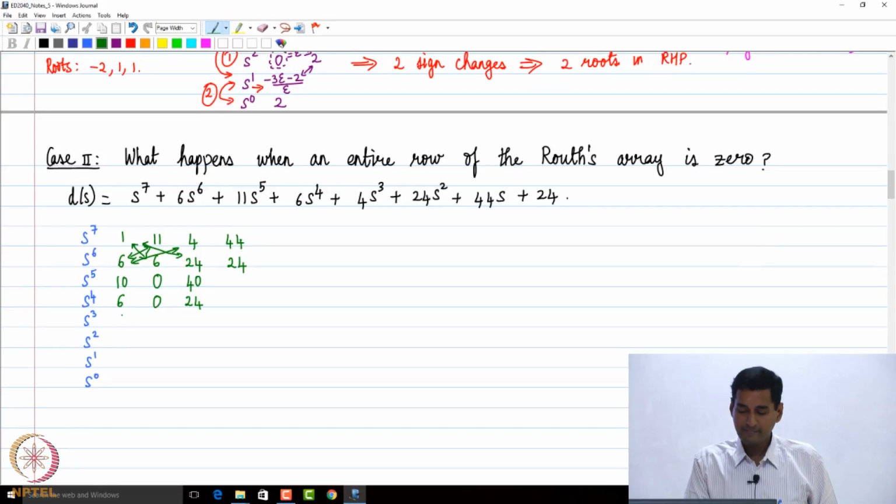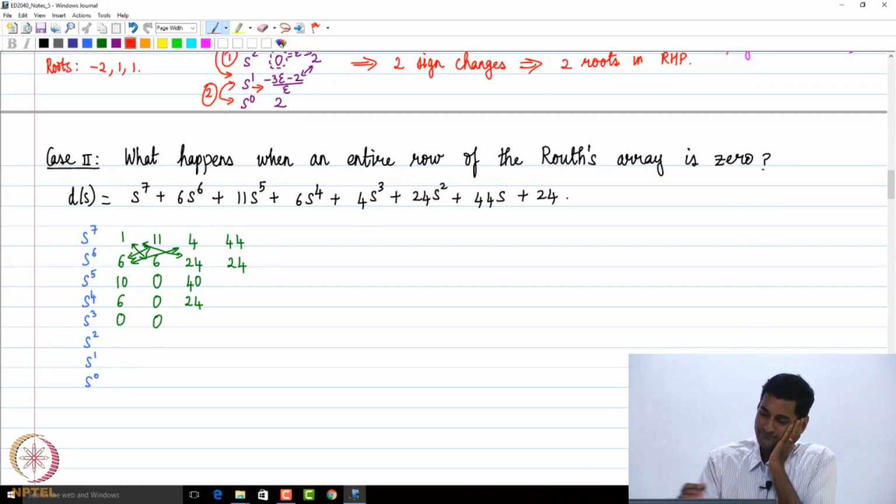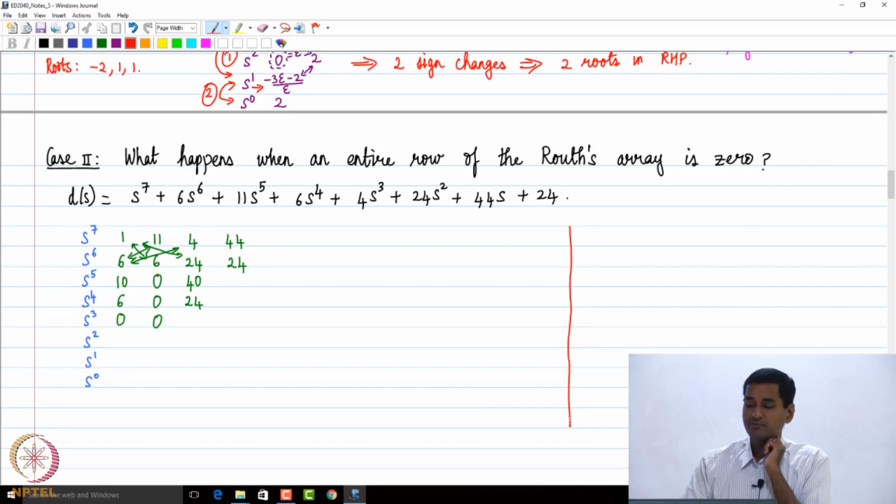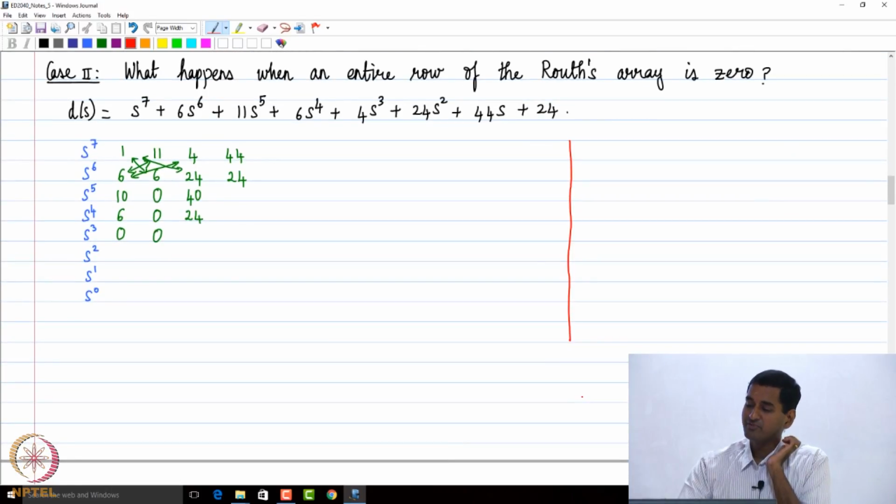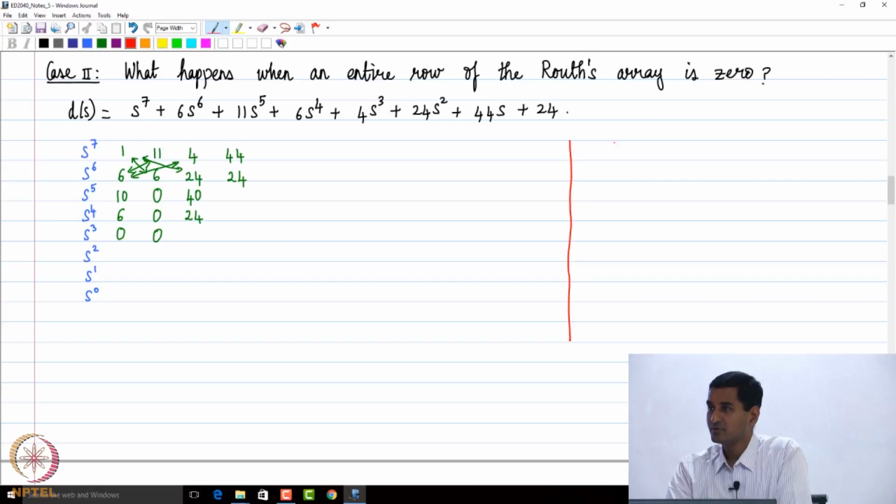What will I get? 0 and 0. So now we have an issue: we have come to a stage where the entire row of the Routh's array is 0.